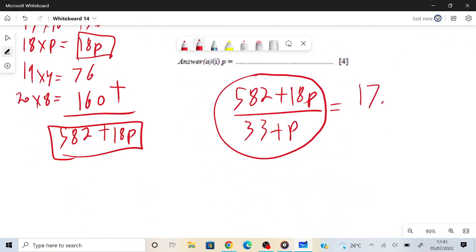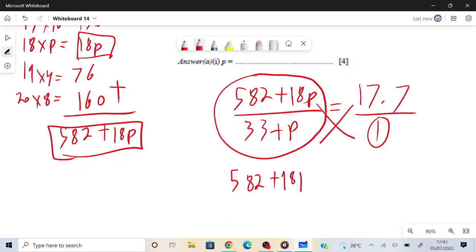Solving for P, we now need to cross multiply. There's a 1 down here, so 582 plus 18P times 1 is the same thing, 582 plus 18P. Then the other side, 17.7 times 33 is 584.1, plus 17.7 times P, which is 17.7P.